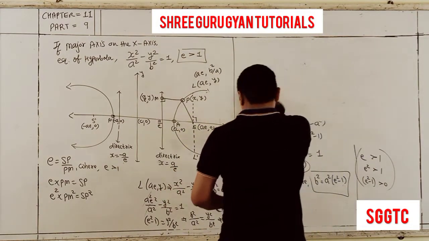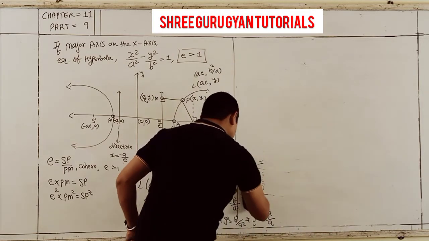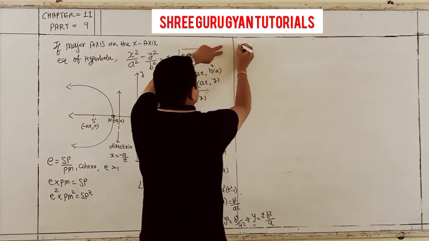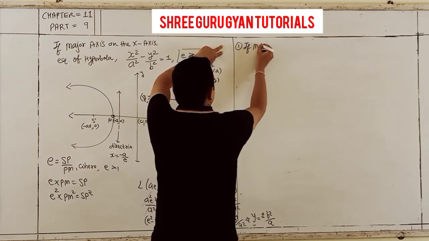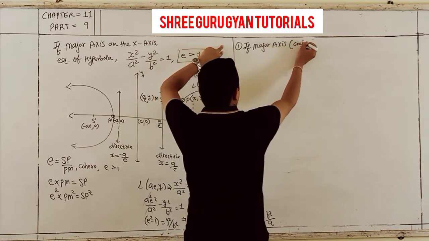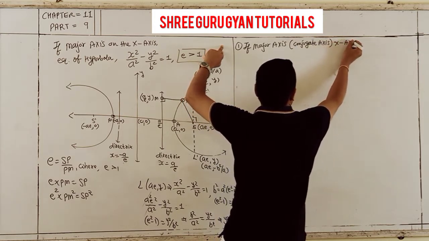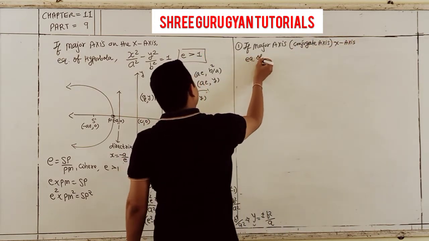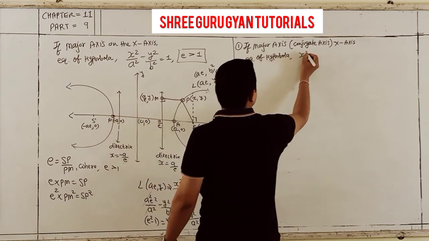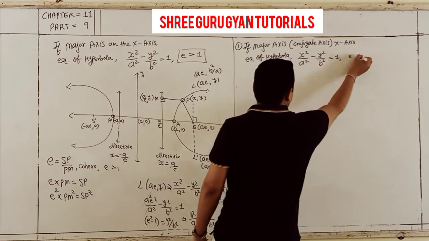So the major axis, either conjugate axis, x axis. Students, both words are the same; in your textbook the given word is conjugate. So my first equation, if the major or conjugate axis is the x axis, then the equation of hyperbola is simply x square by a square minus y square by b square is equal to 1, e greater than 1.